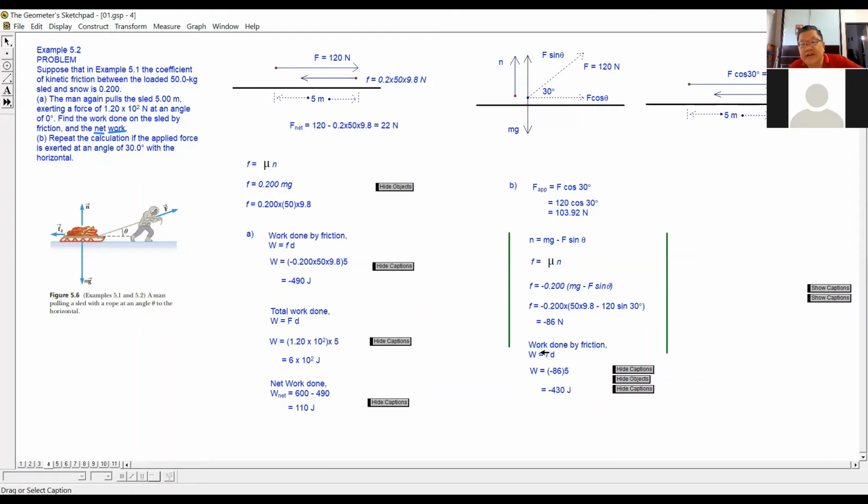So there is a difference between capital F and small f. Capital F is the applied force, small f is the frictional force.